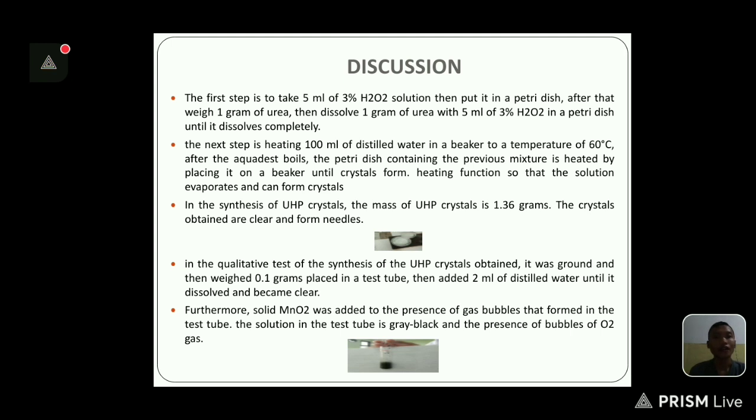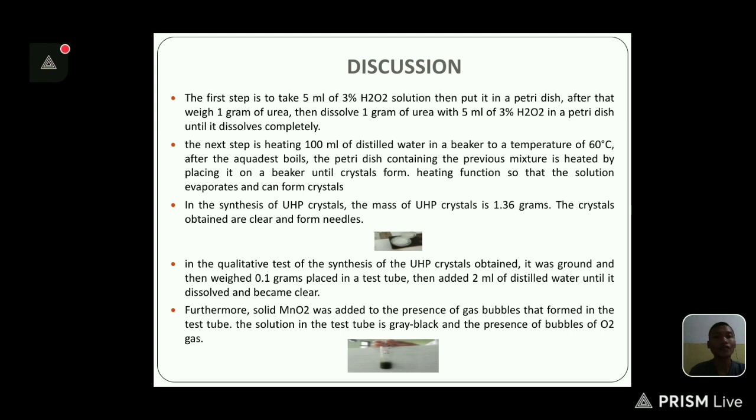The next step is heating 100 ml of distilled water in a beaker to a temperature of 16 degrees Celsius. After the water boils, the petri dish containing the previous mixture is heated by placing it on the beaker until crystals form. The heating is so that the solution evaporates and can form crystals.